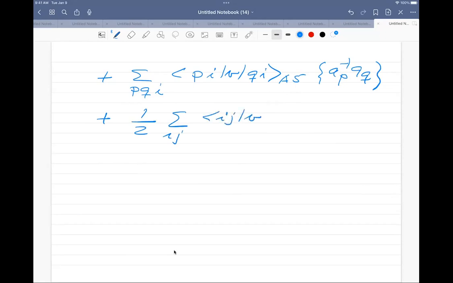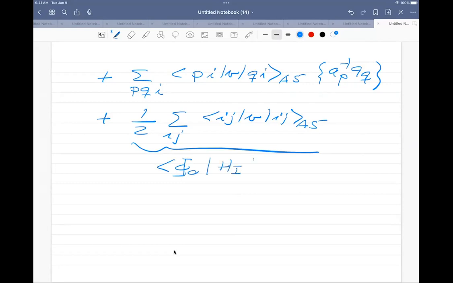And this is nothing but the vacuum-to-vacuum expectation value, or this phi 0 state, which we have defined as a new vacuum, anti-symmetrized. And this is the same thing which we calculated in the very beginning of the semester. This will be the same as the expectation value of this ansatz we have for the ground state of the system, or the new vacuum state, with respect to the two-body interaction.